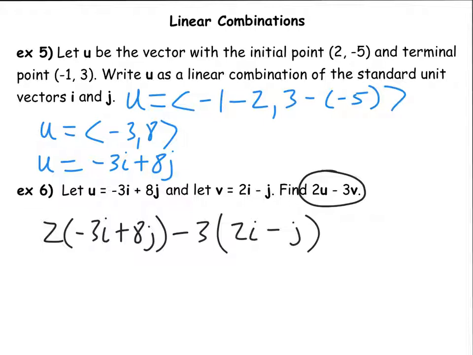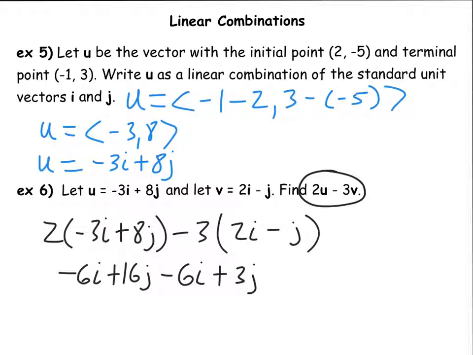But if we're using this form, we can kind of treat them like one. Whereas I'll go ahead right here and distribute the 2. I would get negative 6i plus 16j, and then distribute the negative 3 and get negative 6i plus 3j.